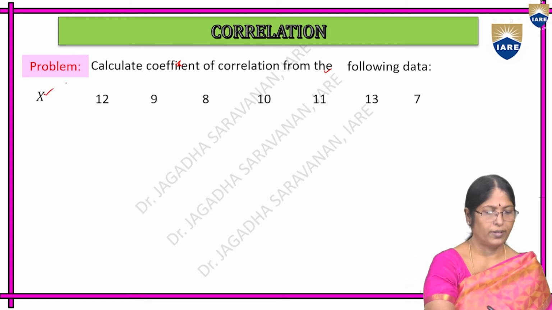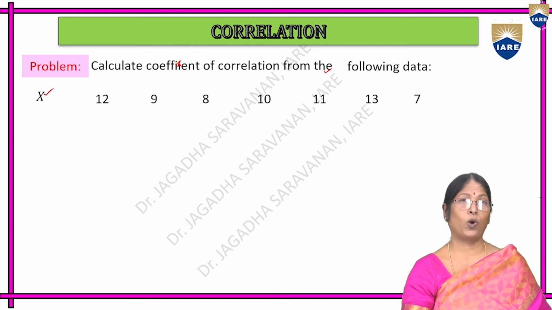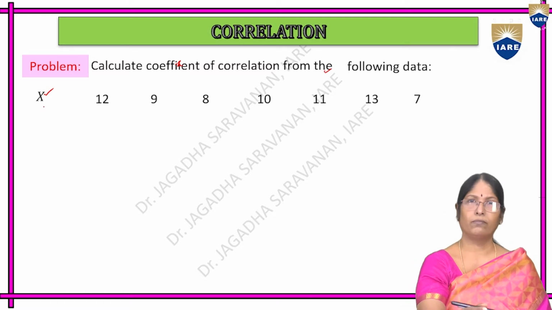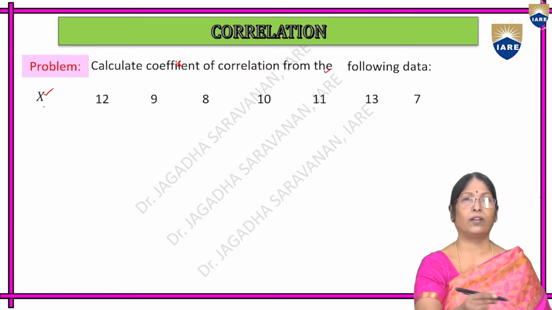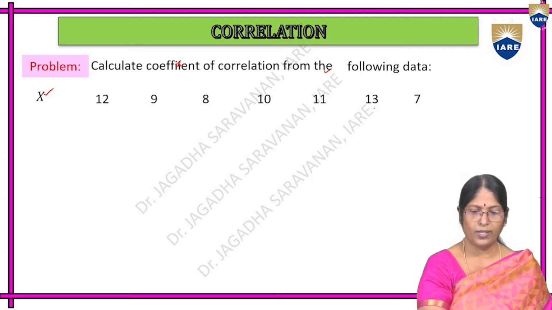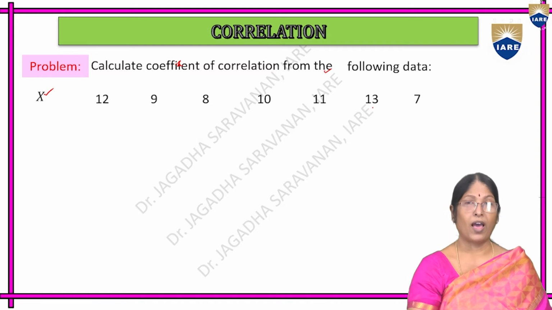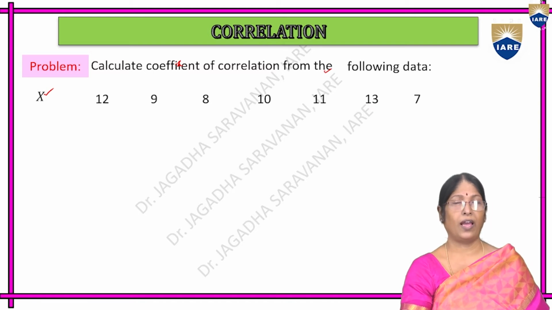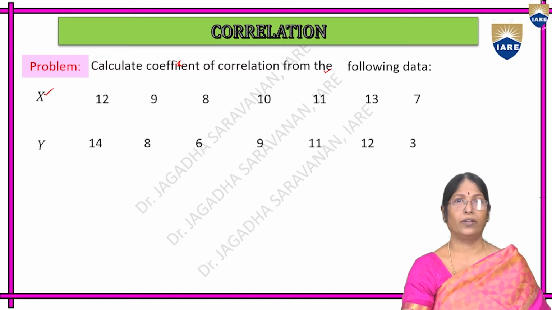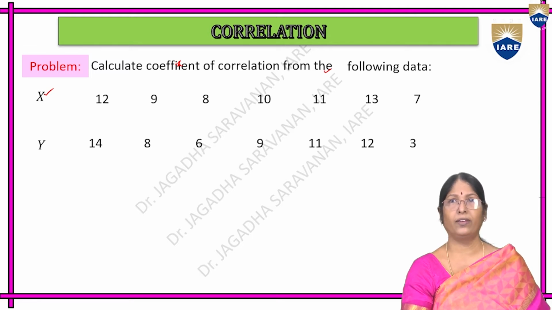Here we can notice that, as we discussed, the price we named as X, the variable X. The data given, totally 7, are 12, 9, 8, 10, 11, 13 and 7. For Y, the paired data given are 14, 8, 6, 9, 11, 12, 3, for which we have to find the coefficient of correlation.